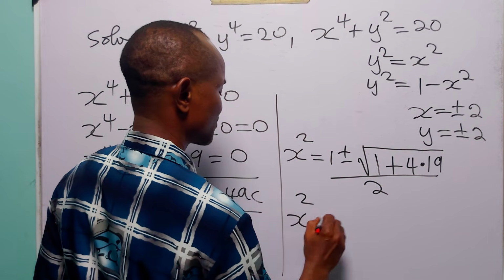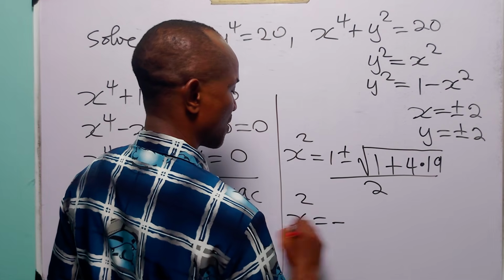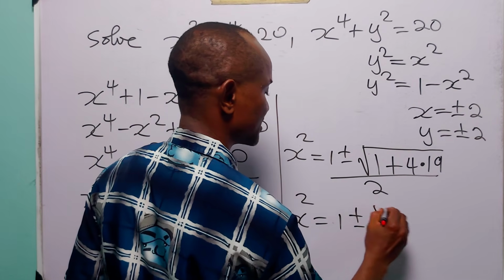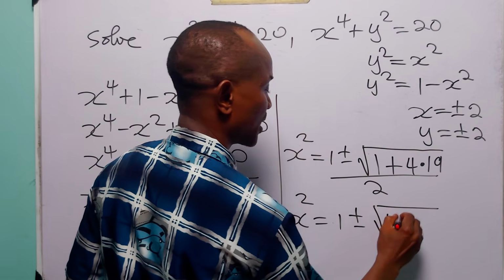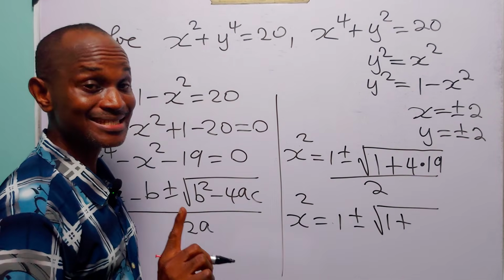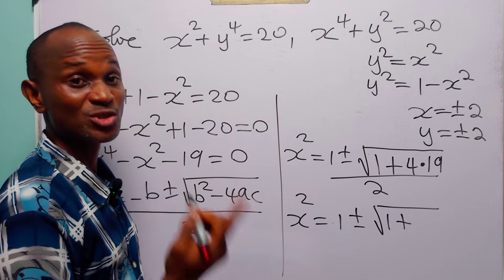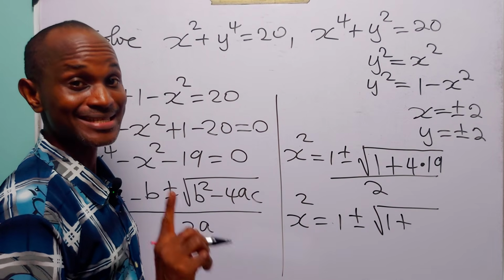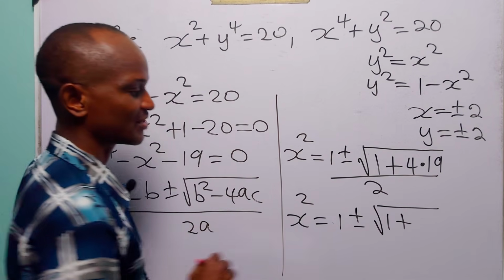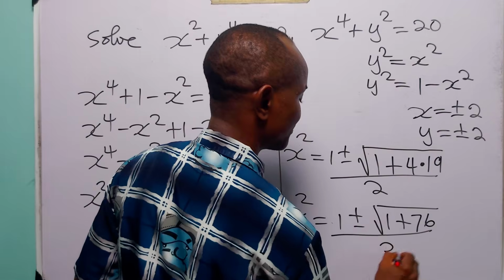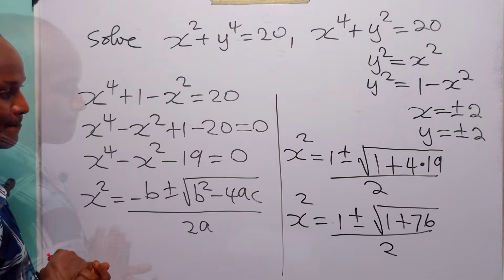Now we have that x squared is equal to 1 plus or minus the square root of 1 plus 4 times 19 is the same as 4 times 20 minus 4. 4 times 20 is 80 minus 4, 76. So here we have 76 divided by 2.